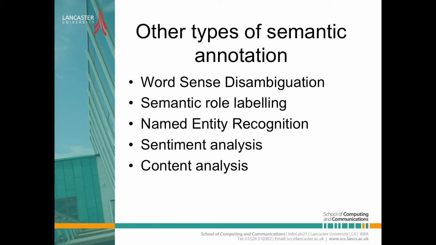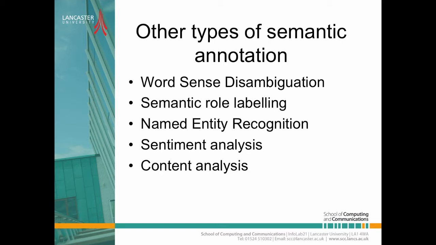Other types of semantic annotation are things like semantic role labeling using FrameNet, or named entity recognition, where you try to automatically extract all names, places, dates, times, and organizations from a text.